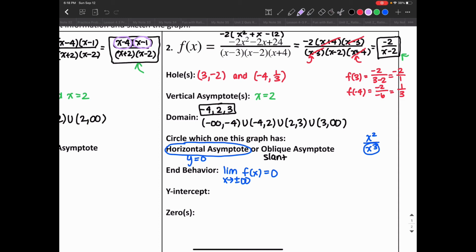I could just plug it into this equation, sorry. So f of 0 is going to be -2 over -2 or +1. So it's 0, 1. And then I have no zeros because there's no way for me to make that numerator equal to 0. So none for my x-intercepts.